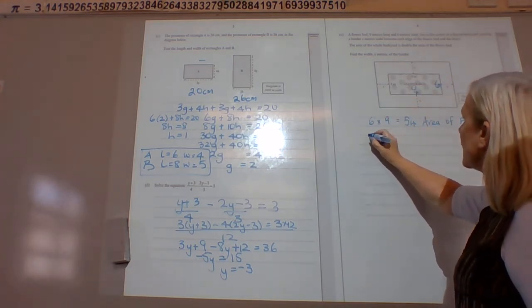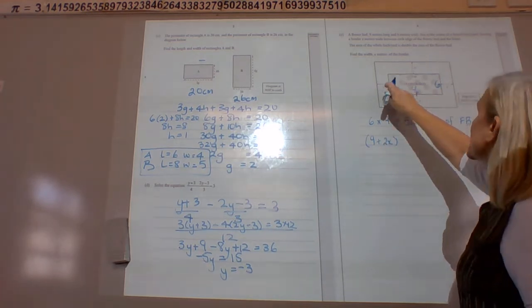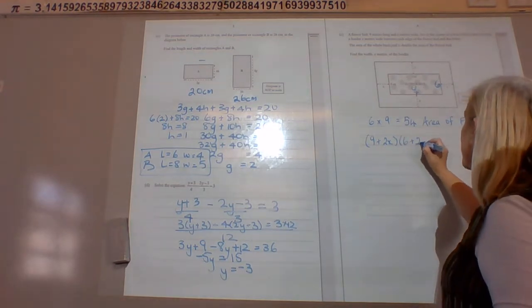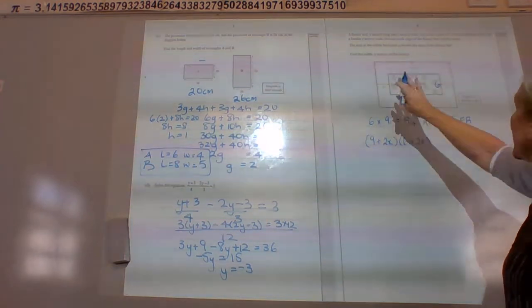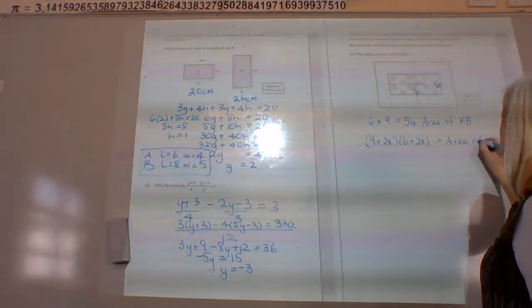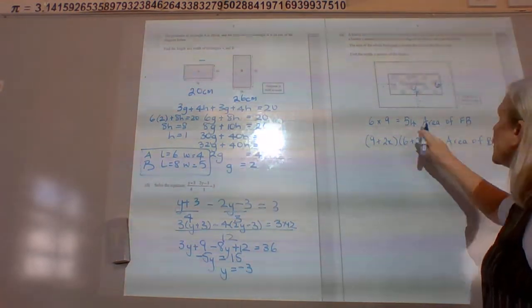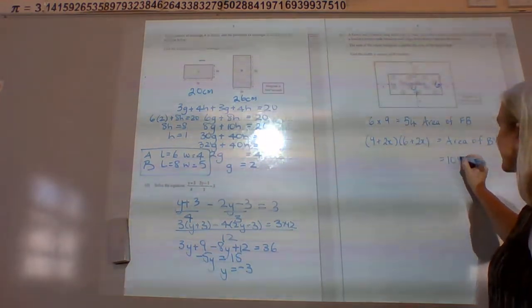So we've got 9 plus 2 x's times this one, which is 6 plus 2 x's, one on either side. So that's the area of the whole backyard. And it has to equal twice this, all right? So it has to be 108.